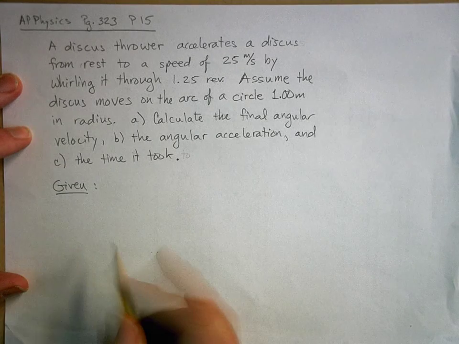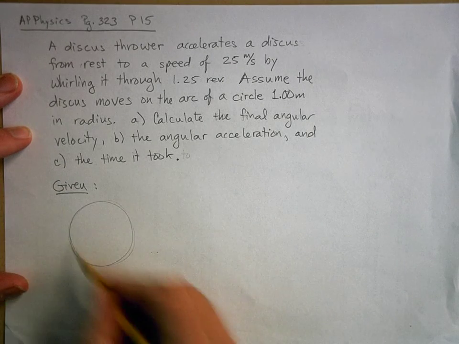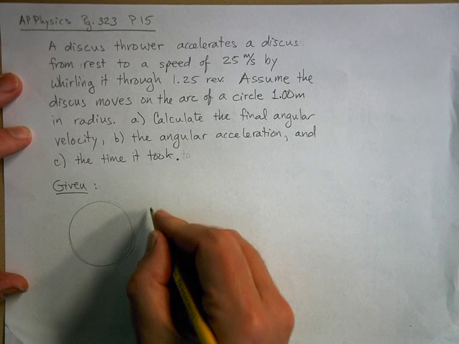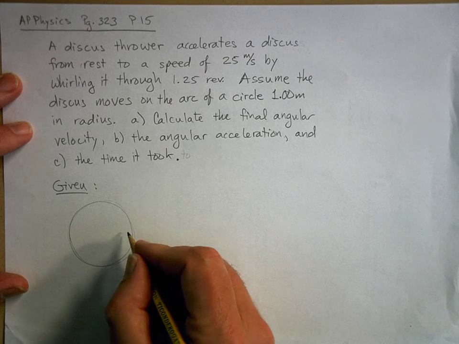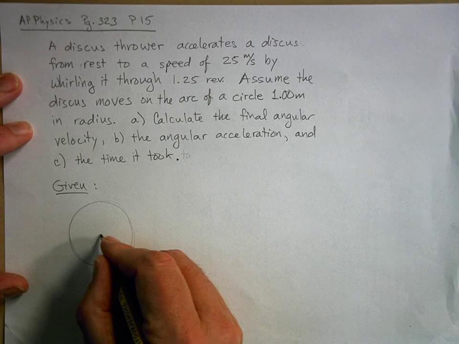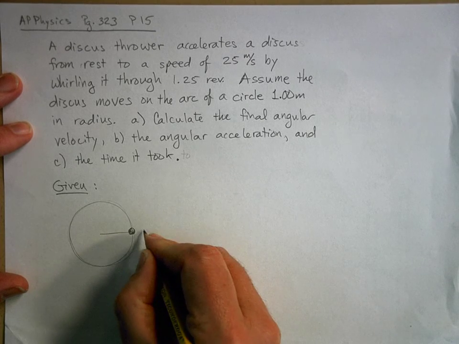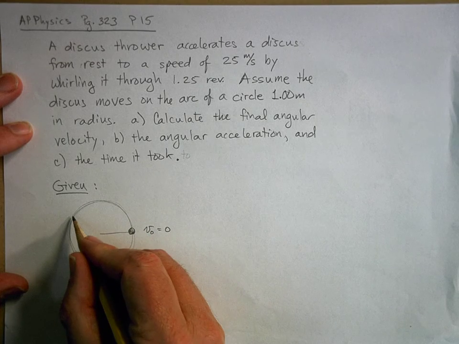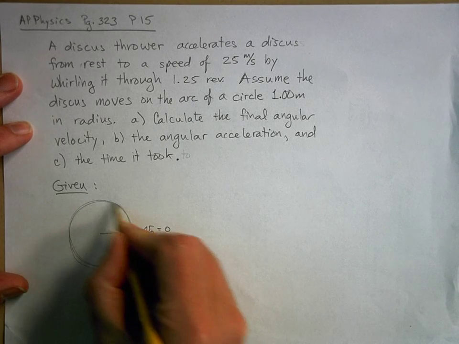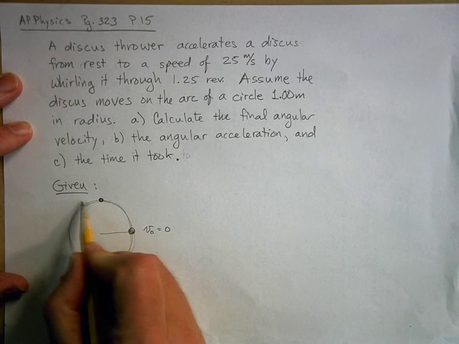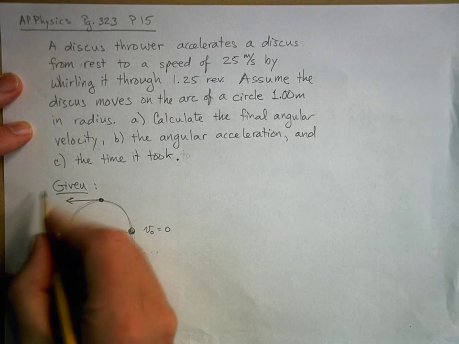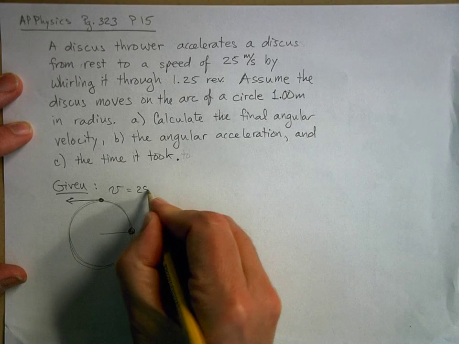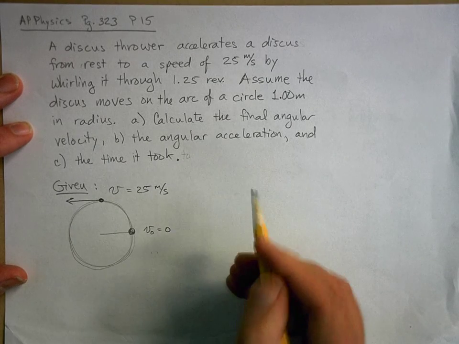So we've got this thing that's being whirled around and let go. The initial velocity of the disk is 0, and when it's right here, it's got a final velocity of 25 meters per second.